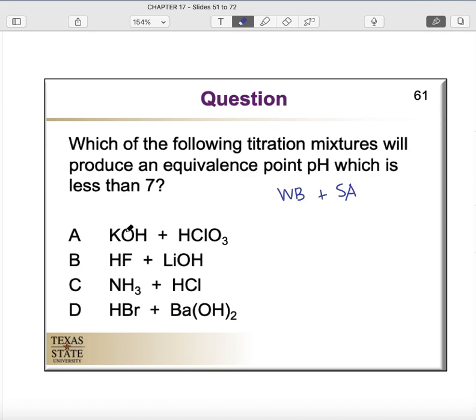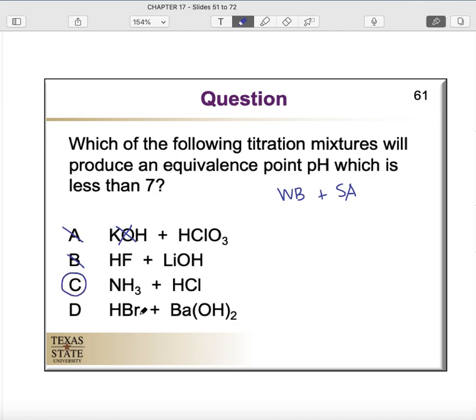In this particular case, it's not looking good because this is a strong base, so that's not going to work out. In this particular case, I have a weak acid with a strong base, so that will not work either. The next one, I have ammonia, which is a weak base, so that's looking good. And then I have hydrochloric acid, which is a strong acid. So that definitely complies with what I'm looking for.